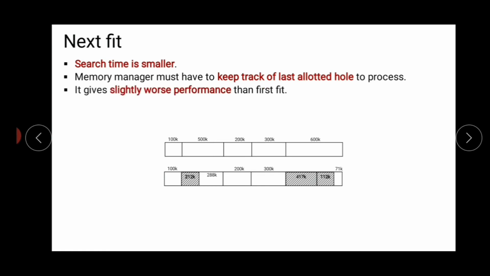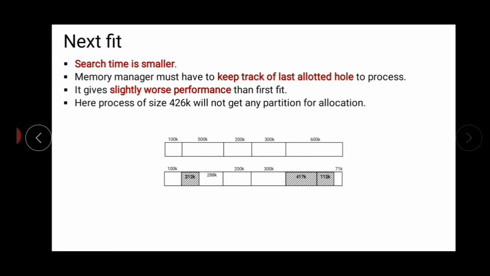It gives slightly worse performance than first fit. Yes, because once you have completed, you cannot get the chance to come in from the first slot. Here this process 426K will not get any partition.